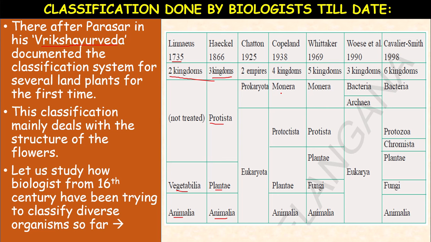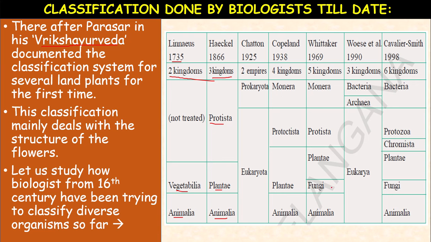In 1969, Whittaker introduced the five kingdom classification. This is the well accepted, the most accepted classification, followed for a long time. What is Whittaker's five kingdom classification? The five kingdoms are Monera, Protista, Plantae, Fungi and Animalia.